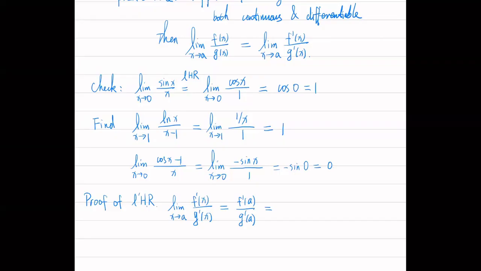So what's the definition of the derivative at a, Sakina?